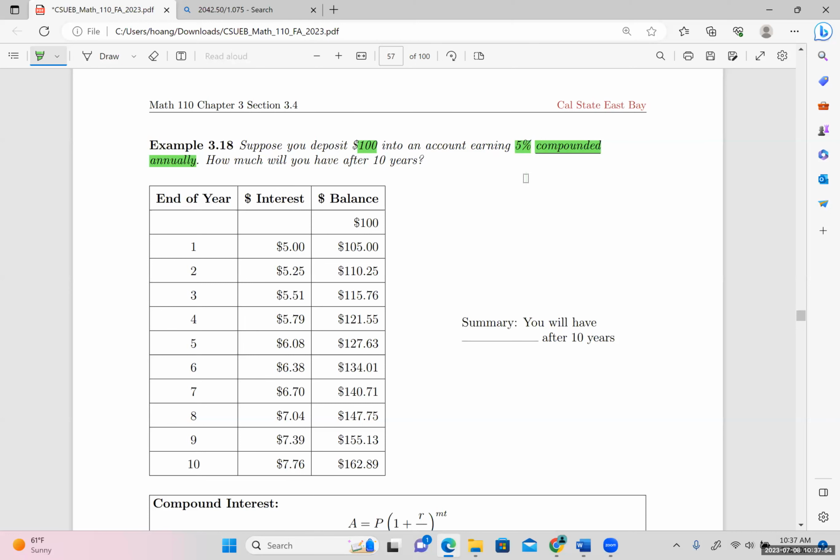It keeps adding the interest to the initial amount from the previous year to make the next initial amount. So let me show you what happens.